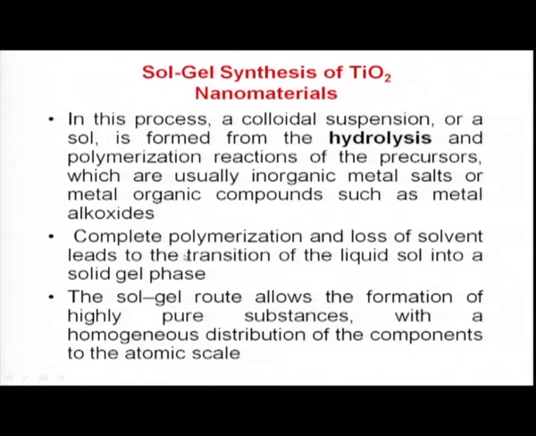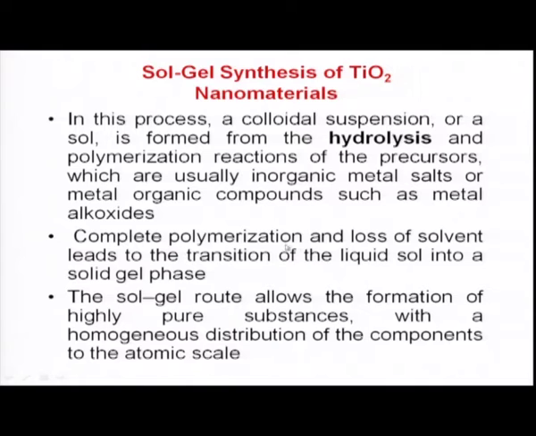So, during this process, these inorganic titanium compounds undergo easy hydrolysis reaction and form titanium tetrahydroxide, which on dehydration, with the water molecules lost on heating, will give titanium dioxide.